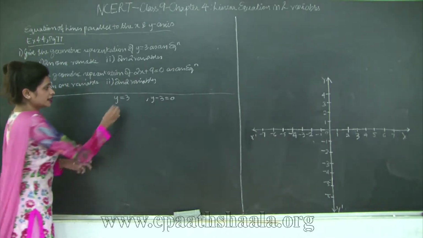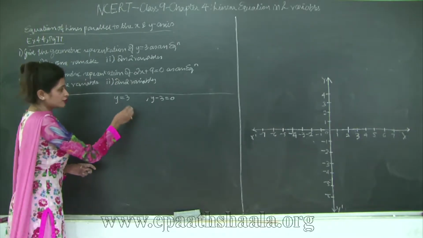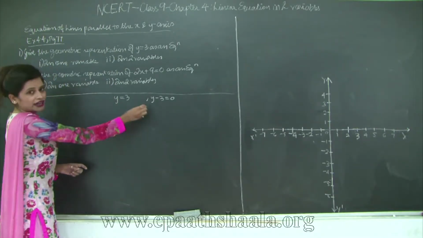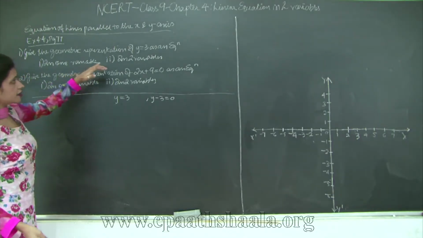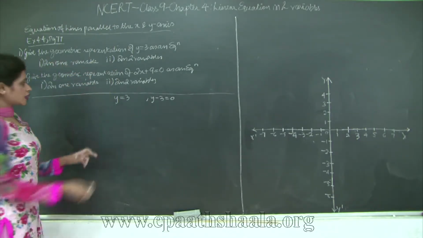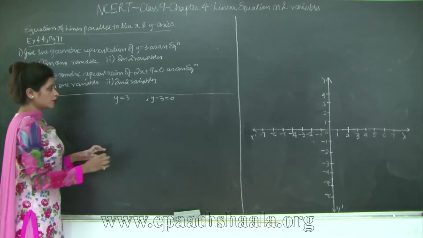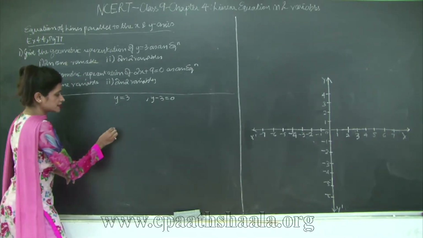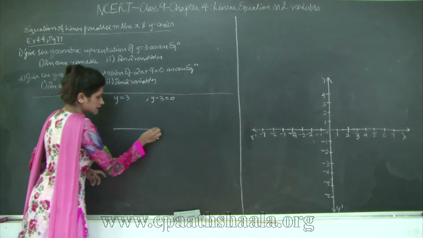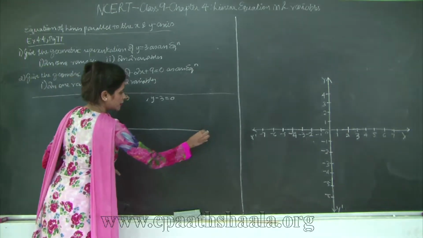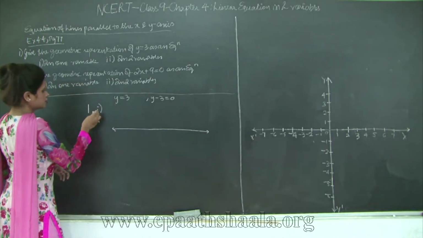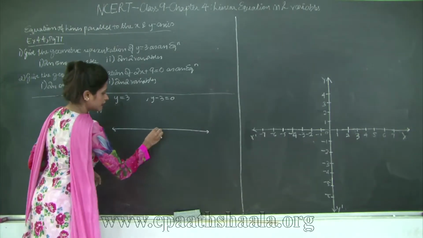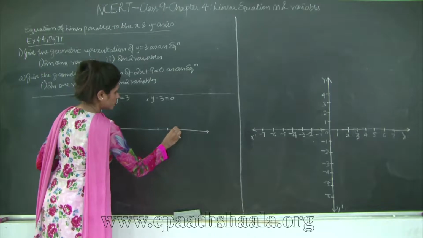Obviously, there is just going to be one unique solution for an equation in one variable, which is y is equal to 3. So, let us say I want to plot this on my number line. The solutions in one variable can only be plotted on a number line because there is a unique solution. This is my number line, and I am plotting points.